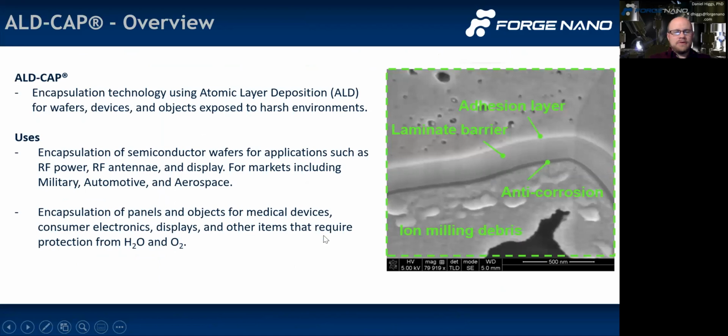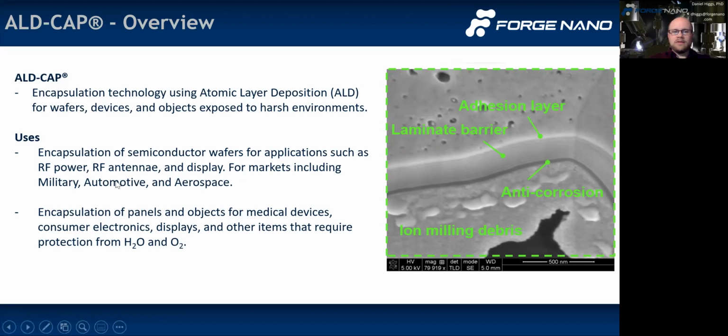So ALD-CAP is our encapsulation technology that uses atomic layer deposition to encapsulate wafers, devices, and objects that need to be exposed to harsh environments. So the uses for that are encapsulation of semiconductor wafers for applications such as RF power or antenna, or display applications such as micro OLED or micro LED wafers.